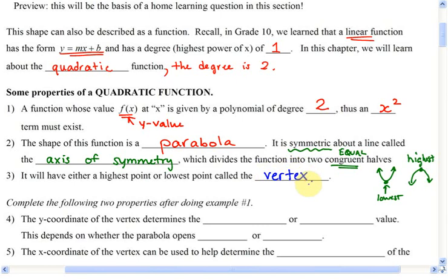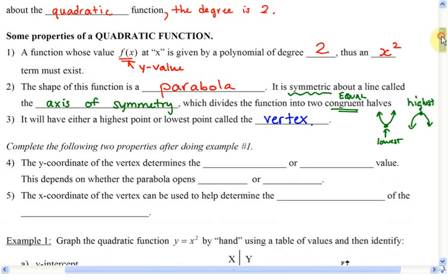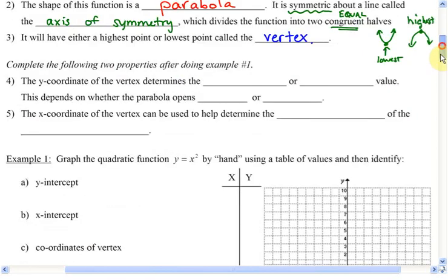Now, what I'd like to do before we do 4 and 5 is let's just skip down to example number 1. I'd like you to actually graph out this quadratic function by hand because later on I'm going to show you how to do this using a graphing calculator. So what I'd like you to do by hand is this. I want you to make a table of values, so that's the thing in the middle. I want you to plot the points, and I want you to connect the dots together.